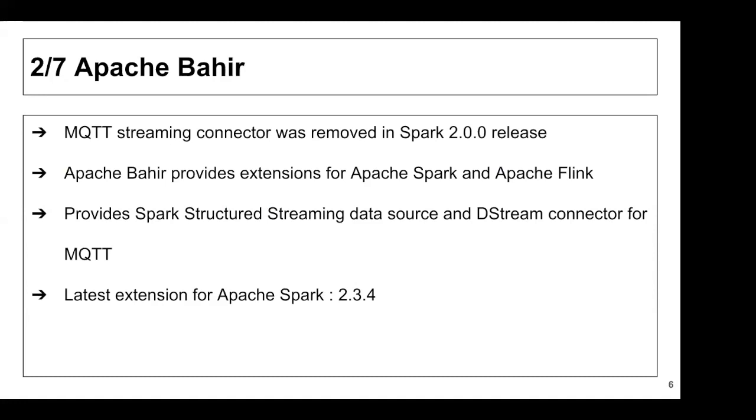If you ever get a chance to look at all the other extensions or connectors they provide, it's a very nice library. For MQTT they provide Spark structured streaming and DStream. And the latest version that's supported by Bahir is 2.3.4.